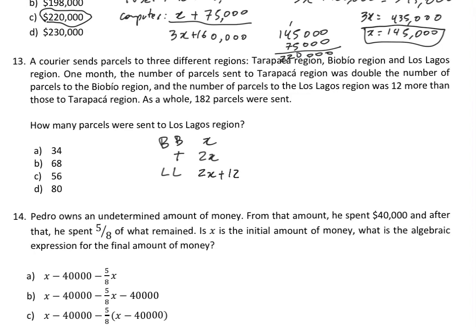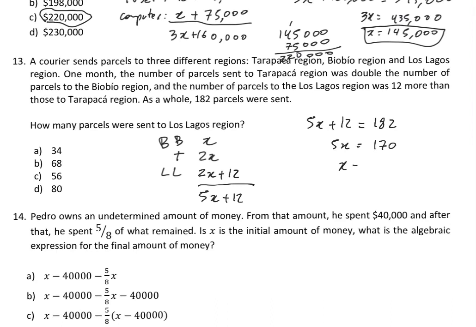What does it mean? In total, right? So how many parcels were sent? X and 2x and 2x plus 12 make 5x plus 12. So 5x plus 12 must equal 182. Yes. And 5x therefore must equal 170.